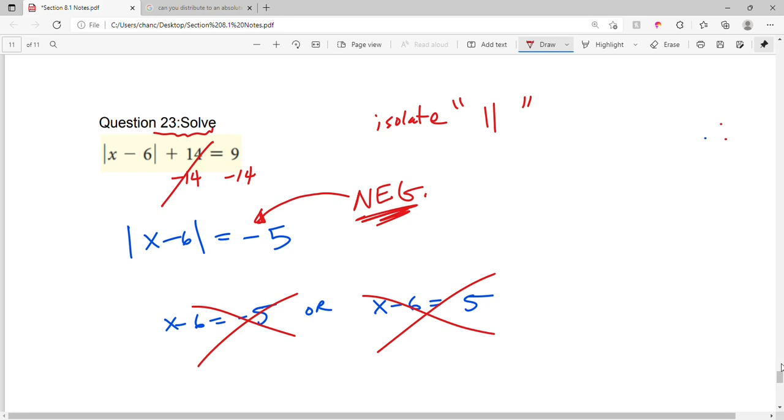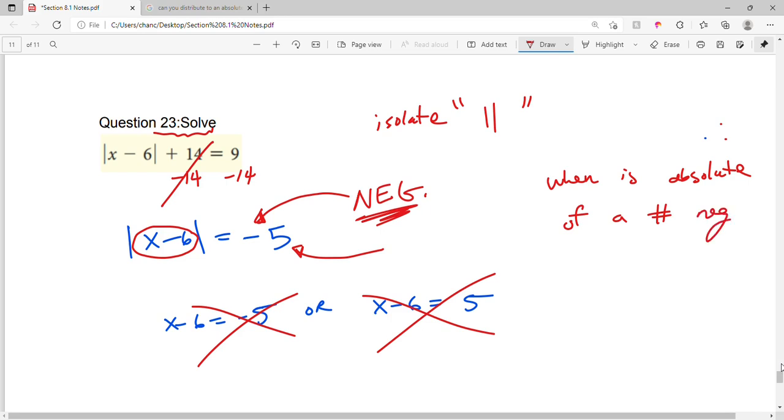Let me ask you this question. When is the absolute value of a number going to be negative? Well, what's the definition of the absolute value? The absolute value of a number is, by definition, the distance from 0.